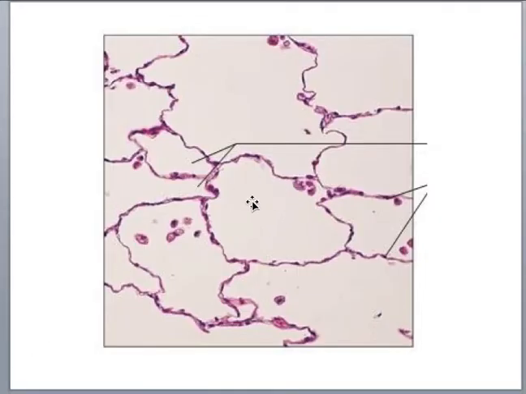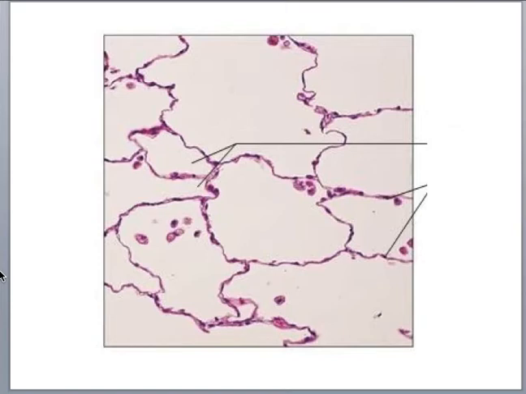So ideal locations: lungs, because we want oxygen and CO2 to go across that lung tissue very, very quickly. Capillaries, because we want nutrients and gases to diffuse from the blood vessels to the tissues and vice versa very, very quickly.